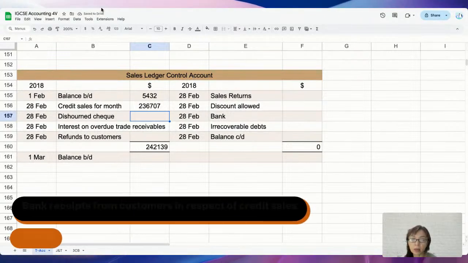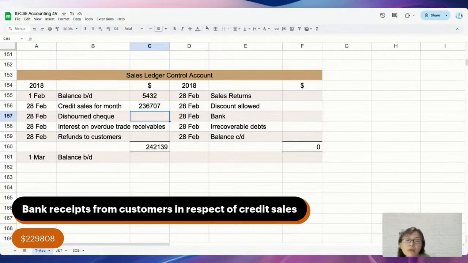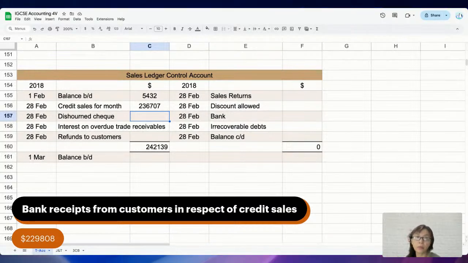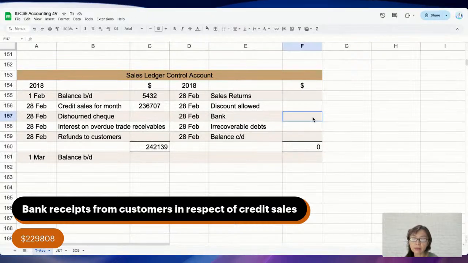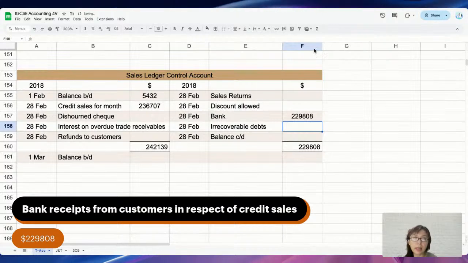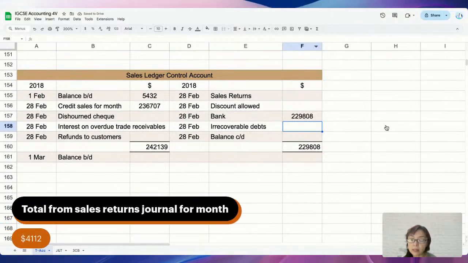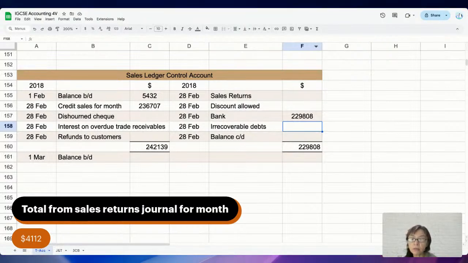Another transaction is the bank receiving from the customer in respect of credit sales. So your credit sales customer is paying you 229,808. So bank 229,808. Then next it says the total from the sales return journal for the month is 4112.